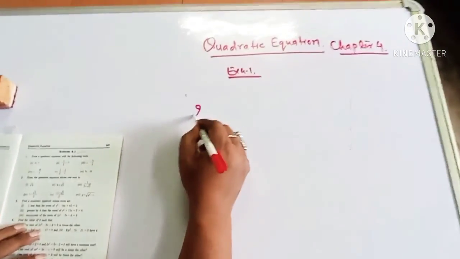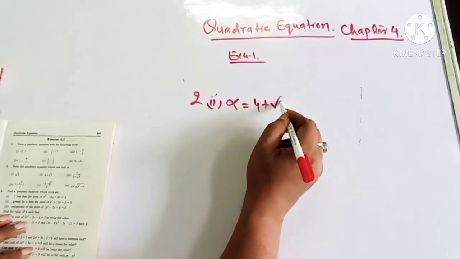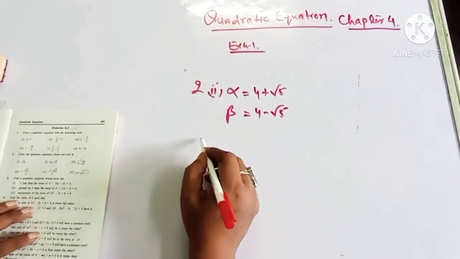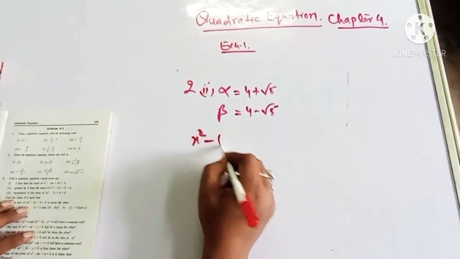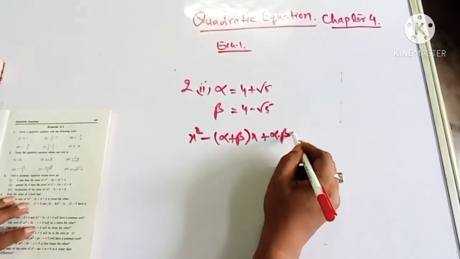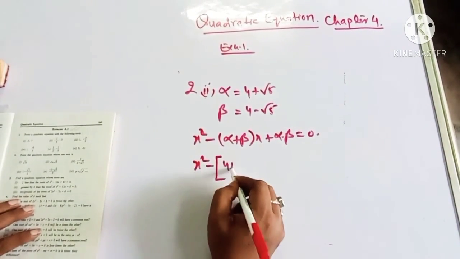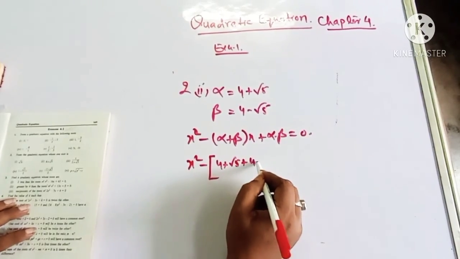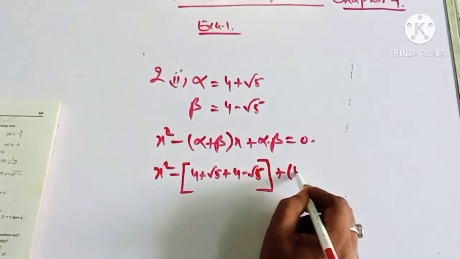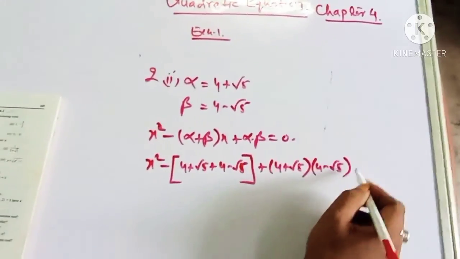In the second question, alpha is equal to 4 plus root 5 and beta will be equal to 4 minus root 5. So x square minus sum of the zeros into x plus product of the zeros is equal to 0. So x square minus bracket 4 plus root 5 plus 4 minus root 5 bracket close, x plus 4 plus root 5 into 4 minus root 5 equal to 0.